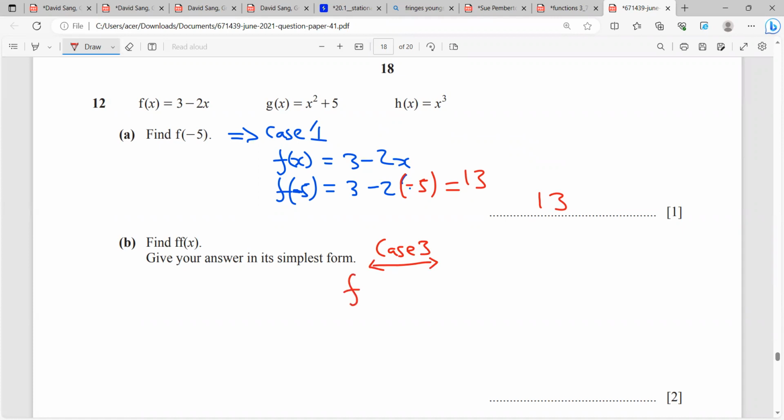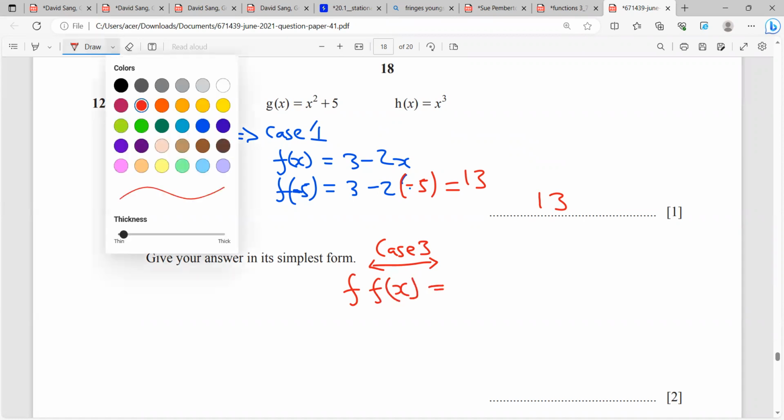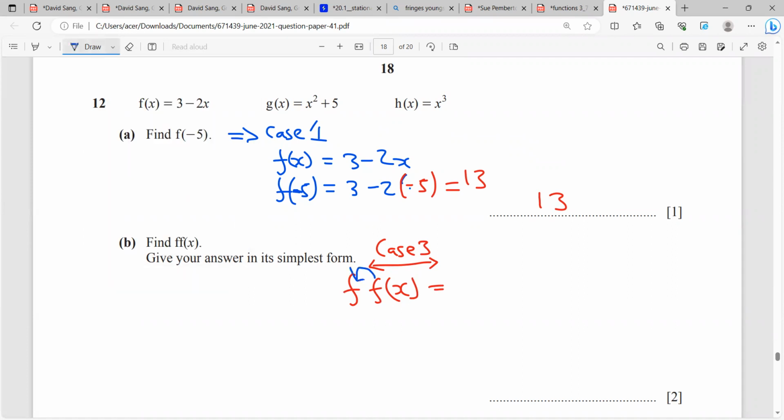So f of x, we are supposed to put f in f, isn't it? F is the child of f. So I'm going to write 2 f's here. So the blue f of x is 3 minus 2x.